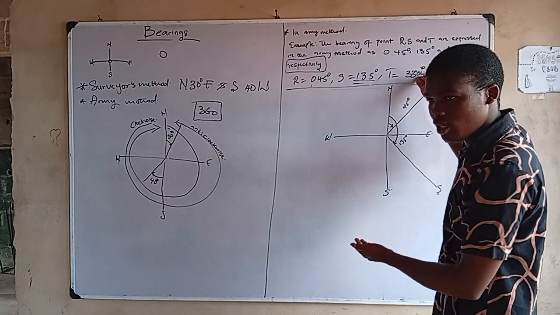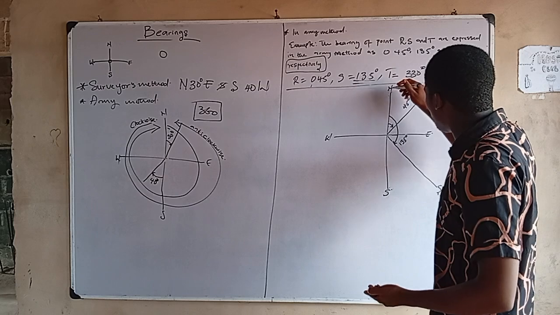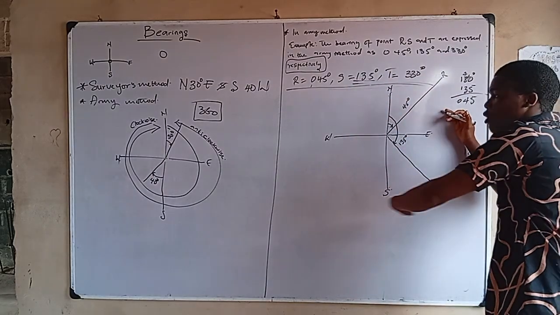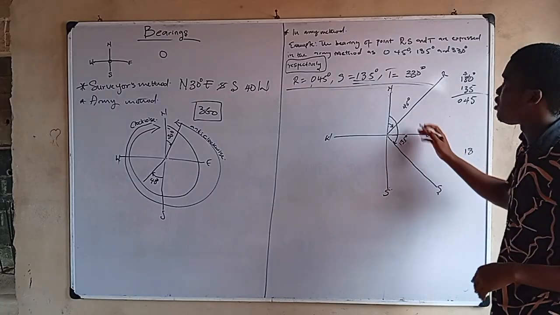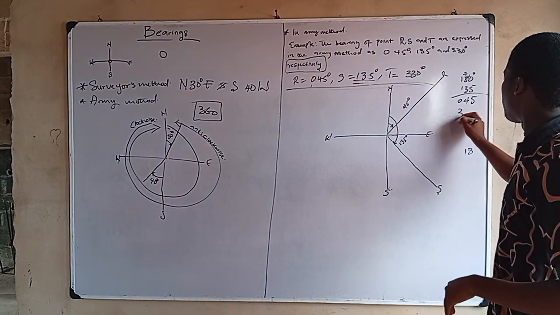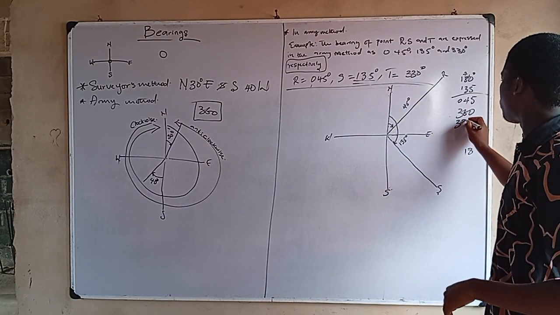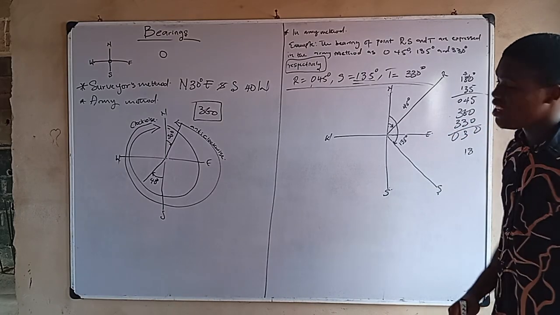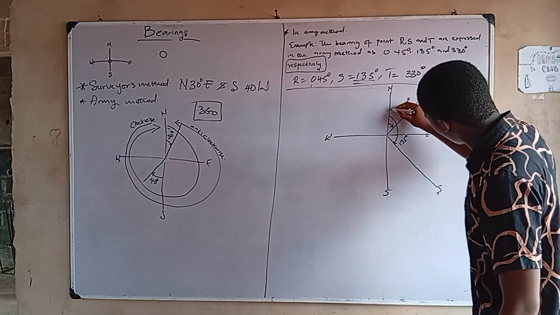Now this should be easy. Since you know that the sum total of all the quadrants combined is 360, you just need to subtract 30 from 360 and you'll have 330. Now this is it.